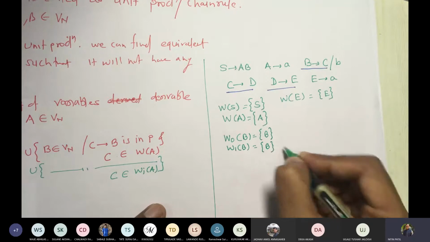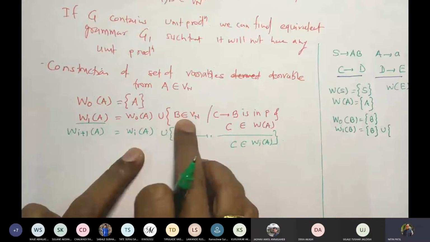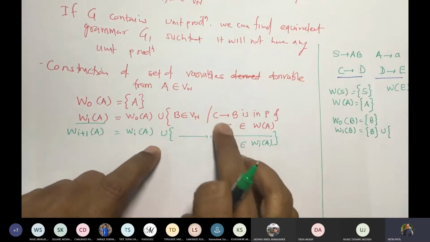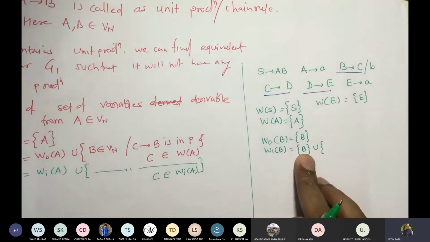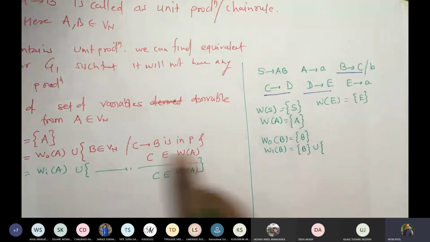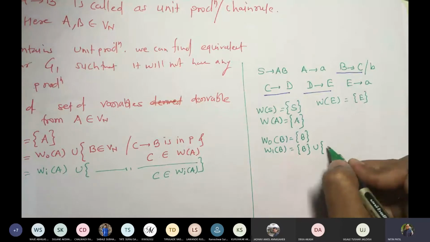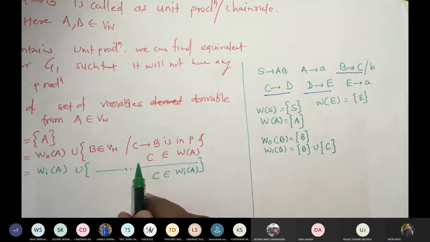The previous W union the variable B where there is a production C gives B and this C on the left-hand side belongs to W. The previous W is B. So is there any production for variable B in this case such that it is giving us only a variable? Yes. So you add C here. Correct? Am I correct, or have I made a mistake?